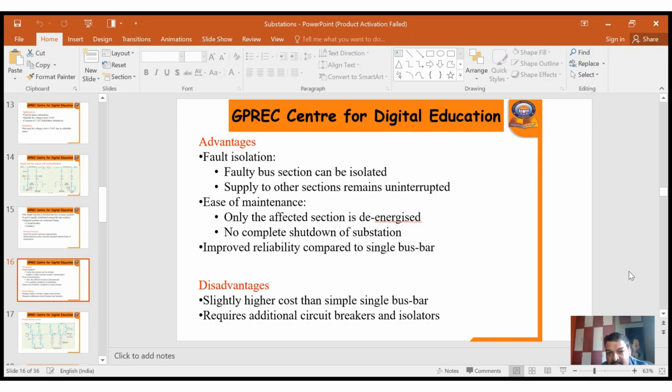The disadvantage is a slightly higher cost than the single bus bar system, as it requires additional circuit breakers and isolators. Why? Because each subsection is separated by circuit breakers and isolators. So we require an additional number of circuit breakers and isolators for operating the single bus bar system with sectionalization.